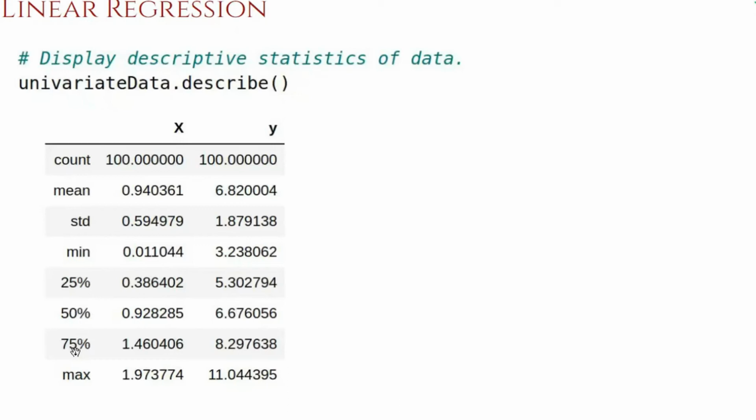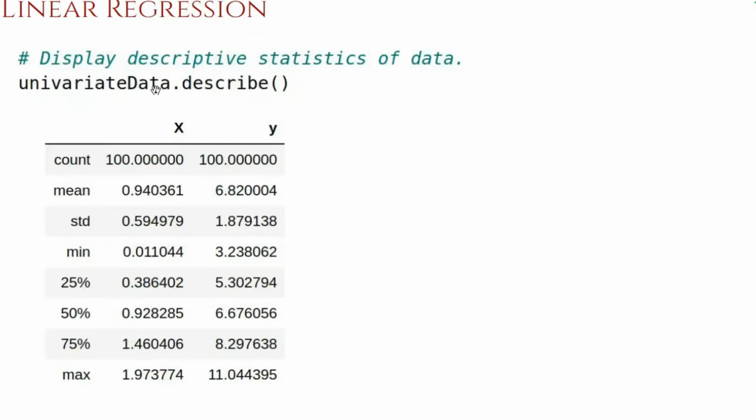If you go to the third quartile, 75% of the data is less than 1.46. Given this data frame, you can quickly look at some descriptive statistics of your data just by calling this describe function.